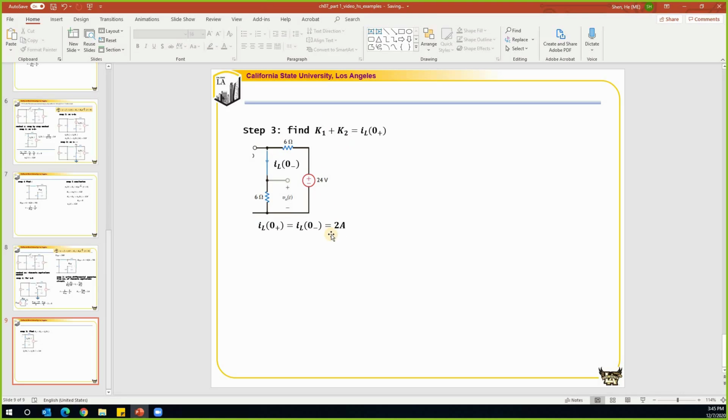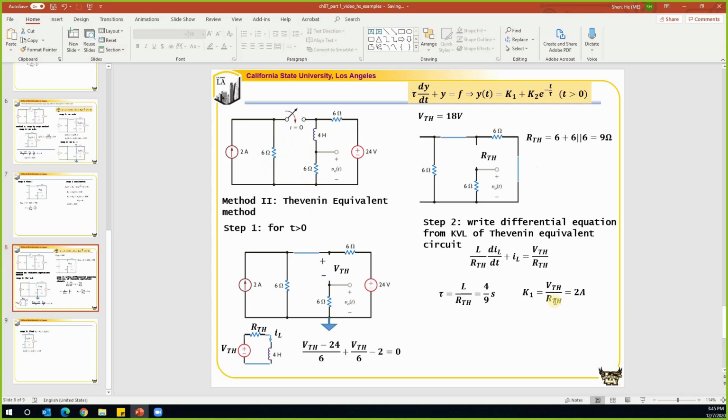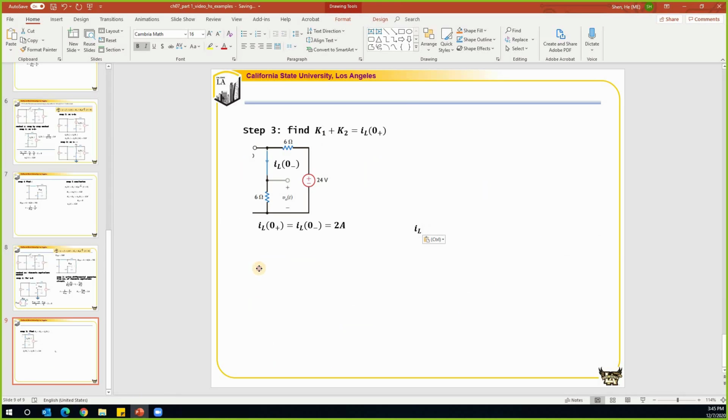So we find K1 plus K2 is equal to 2, and from the previous step we find K1 is equal to 2, so that K2 is equal to 0. Then we can find IL. From there we find IL, let's call this step 4. So we find IL is equal to K1, which is 2 mA. After we find IL, step 5, we'll find the conclusion. Step 5, find VO.